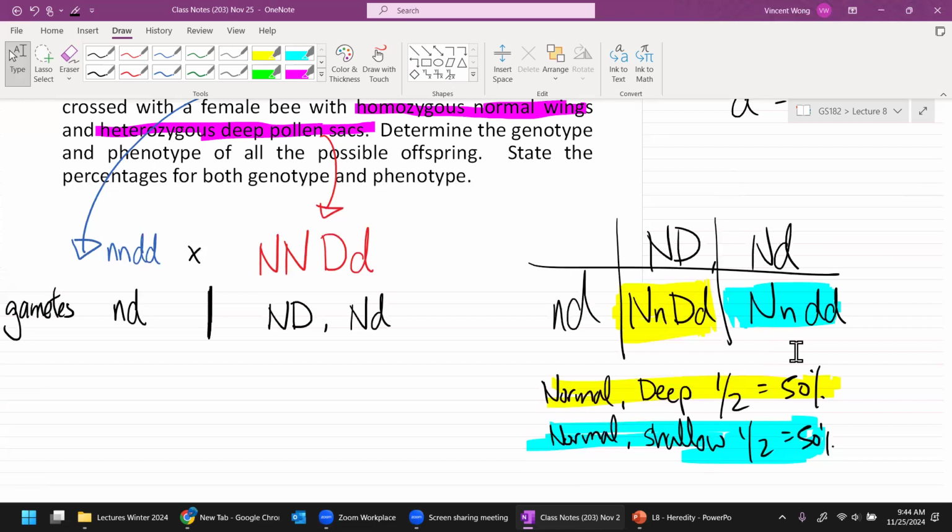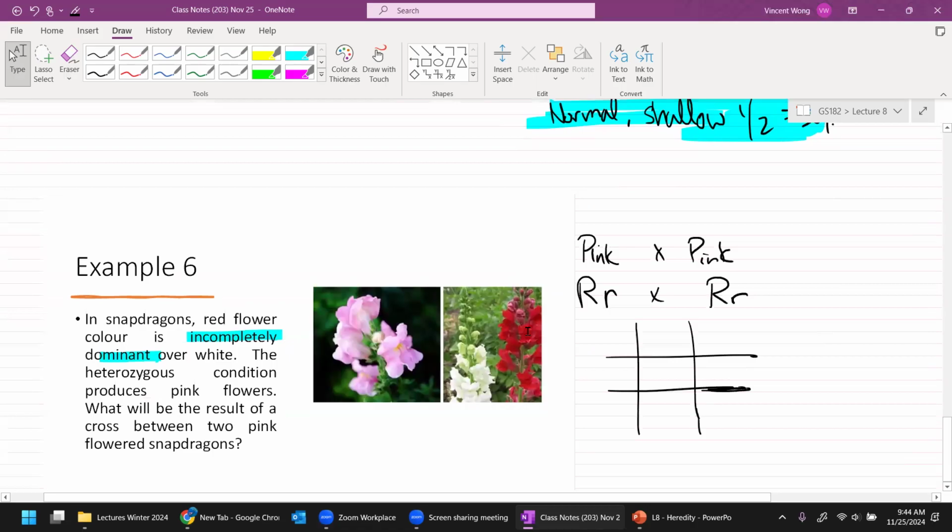But those are different letters, right? You should never have the same letter in the same box. So you shouldn't be doing this, right? Same letter should not be in the same box for the gametes. So it's either big R or small r. It's back to what we did last Wednesday, right? You understand this?